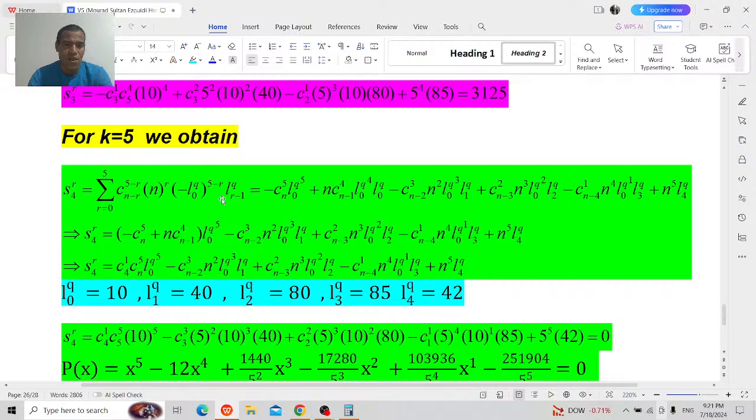After developing this, learners, we will obtain the last formula. Combination n choose 5, L0 for q raised to the power 5, minus combination n minus 2 choose 3, n squared, L0 for q cubed, L1, plus combination n minus 3 choose 2, n cubed, L0 for q squared times L2, minus combination n minus 4 choose 1, n raised to the power 4, L0 for q times L3, plus n raised to the power 5 times L4 for q.